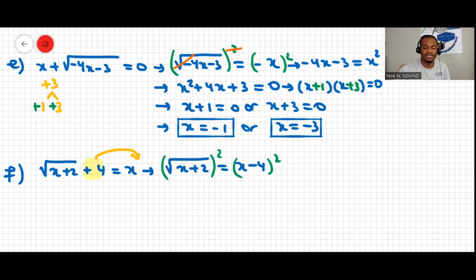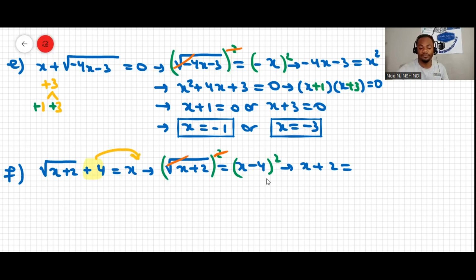Okay, and then this we cancel, and then we have x plus 2 equal to, if we apply one of the laws of exponents here, x minus 4 times x minus 4.